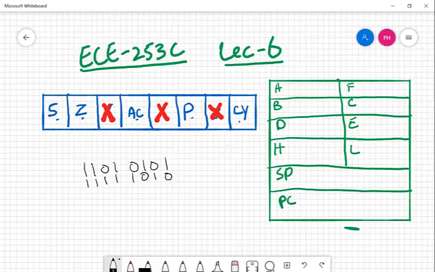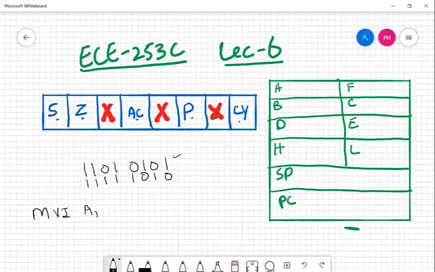I have loaded the contents, maybe in the accumulator with move immediate A. What's the first value?